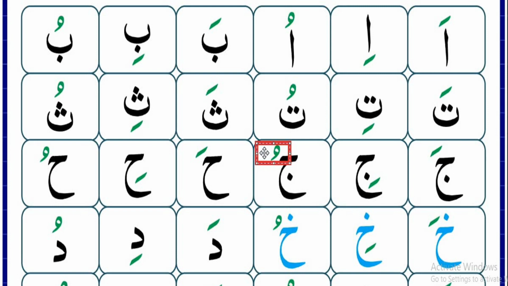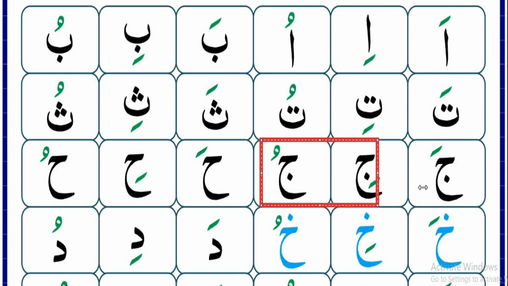So there are basically three sounds: A, E, and O. You have to add the letter sound before the sign. For example, Jim Fatha sounds Ja. Jim Kasra is Ji, and Jim Dhamma would be Jo.